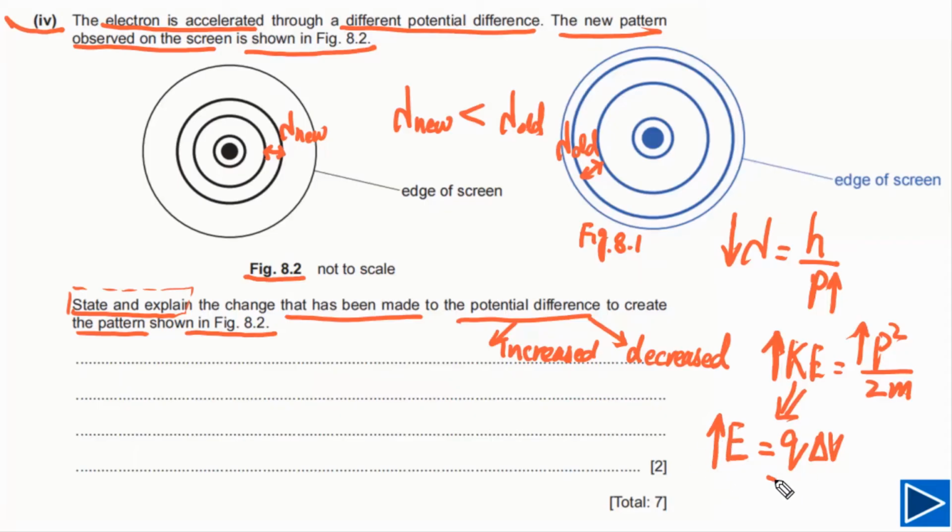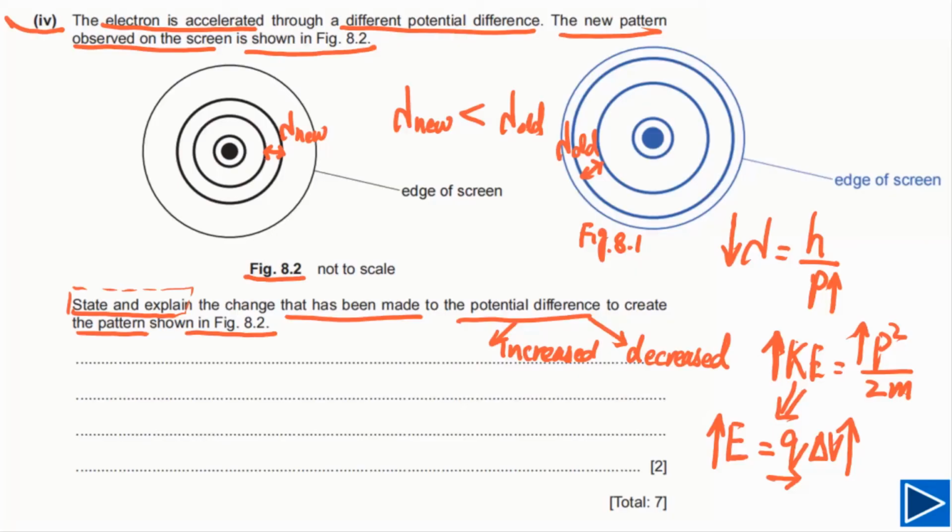Electrical energy has increased, but the charge of the electron does not change, so the potential difference has to be increased. So we will say the accelerating potential difference has been increased because the momentum of the electron has been increased, because its wavelength has been decreased. That's all we need to write down.